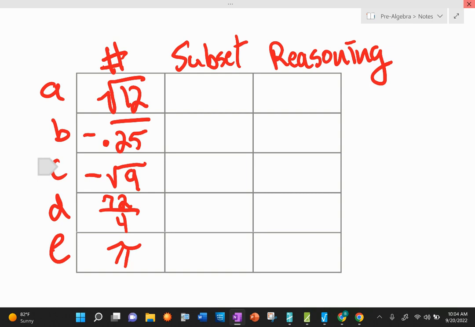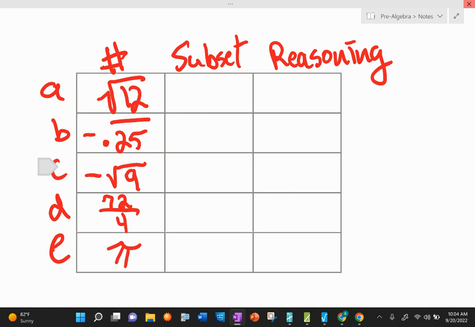You want to list as many categories as they can fit into, including all the way to the smallest one. So if you have a whole number of 1 up here, then it would fit into natural, whole number, integer, and rational. So it could fit into 4 categories at the most, and you just want to sort those out.